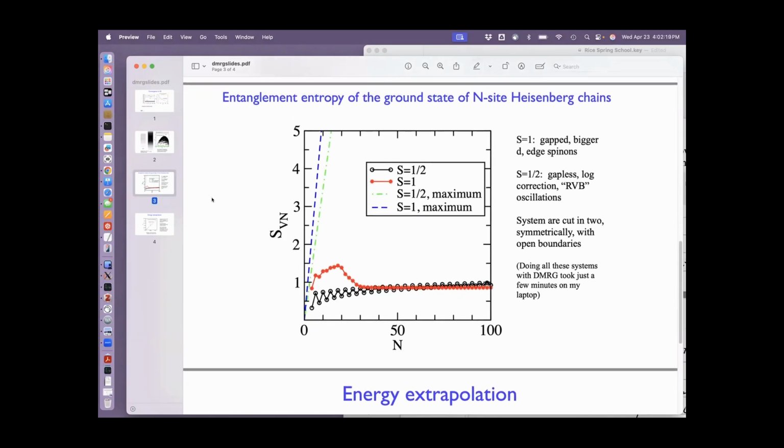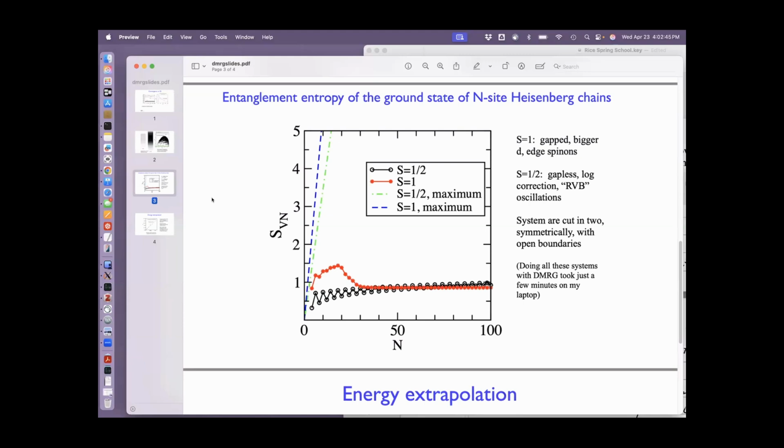So probably some of you know some details about these spin systems. Again, purely antiferromagnetic Heisenberg model. So this is the entanglement entropy cut down the middle for the spin 1/2 system and the spin 1 chain as a function of the length of the chain.